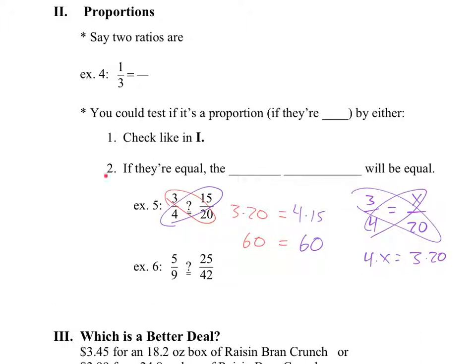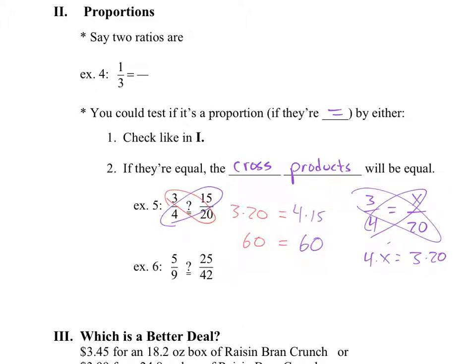So going up to number 2 right here, you could test and see if it's a proportion, or by that we mean if they're equal, by either check like you did in Roman numeral 1, or if they're equal, the cross products. Products means multiplication, cross means we're going that diagonal thing. The cross products will be equal. How you do it, I don't think I'm going to ask you to do it a certain way to get credit.